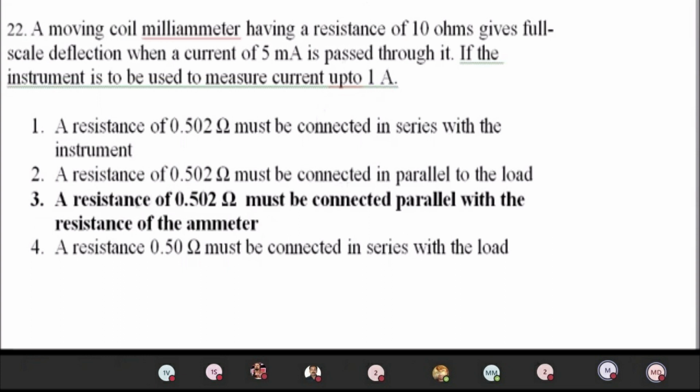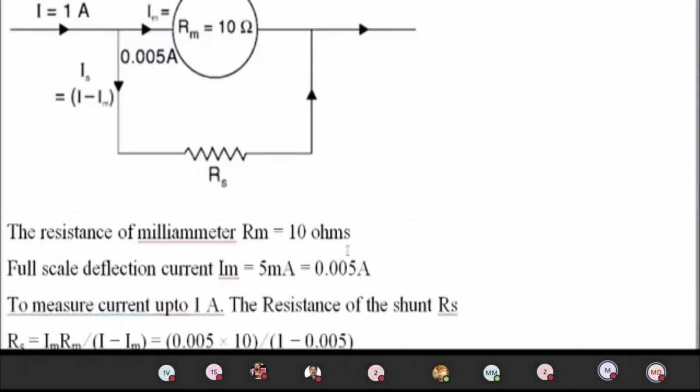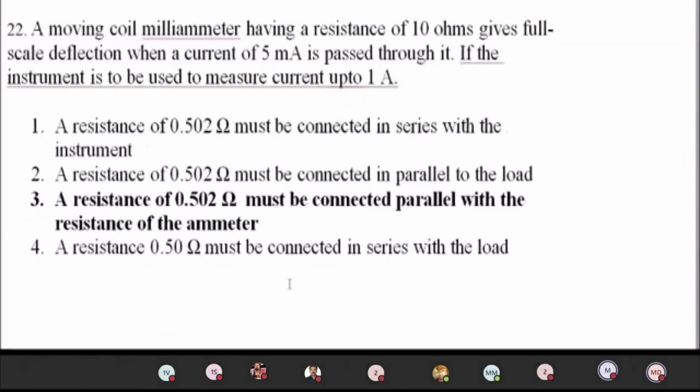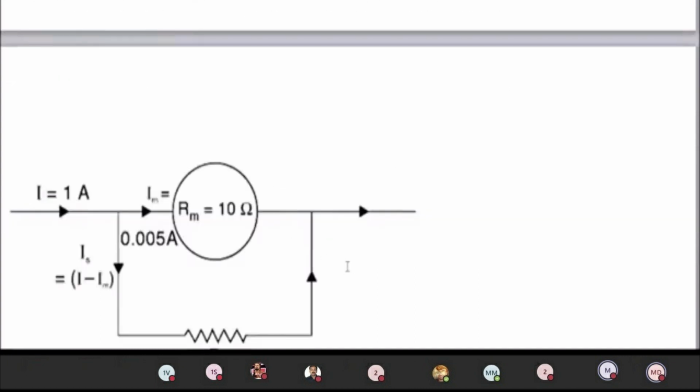So the third choice is the correct one. A resistance of 0.502 ohms must be connected parallel with the resistance of ammeter. So for this type of questions, you need not waste the time. You can directly point out the answer and go to the next question. I think these calculations are not needed, because by seeing the choices itself we can choose the correct answer.